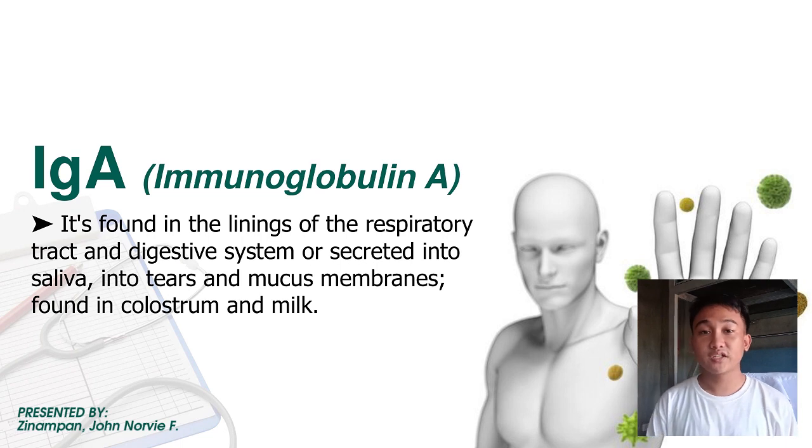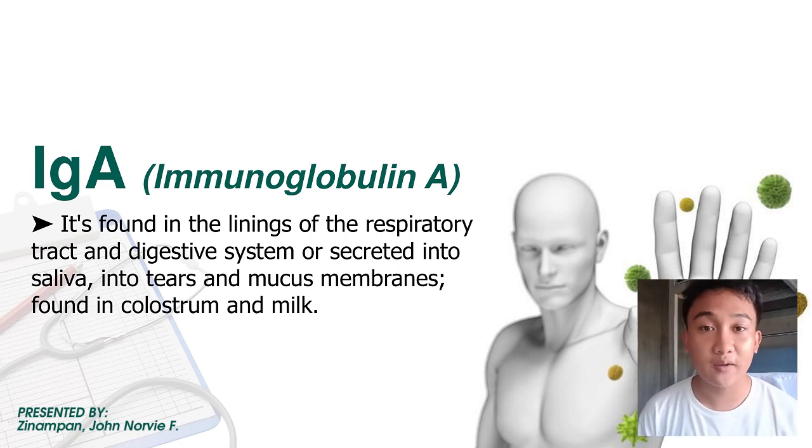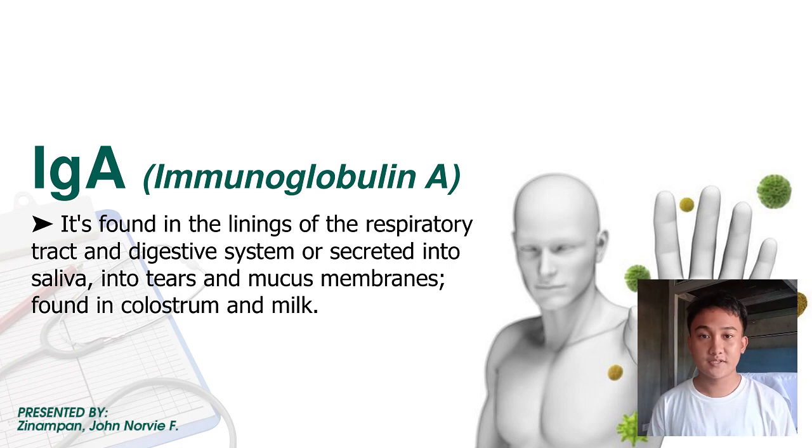It is also found in colostrum and milk. Its main function is to protect the mucosal tissues from microbial invasion and maintain immune homeostasis with the microbiota. In simple words, IgA defends the mucosal surfaces against attack by infectious microorganisms.